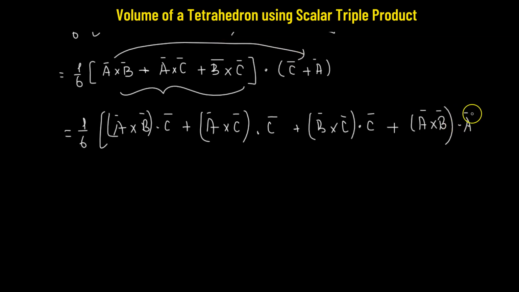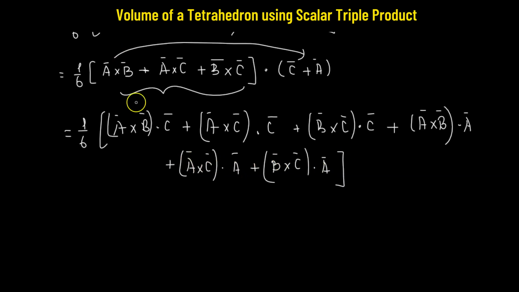A few of the terms will vanish. For the second term, a cross c dotted with c will go to 0 because when we expand this into the determinant form, two of the rows are exactly the same, since we have two c vectors. So this goes to 0 by definition. All we have is the first term and the last term that survive.